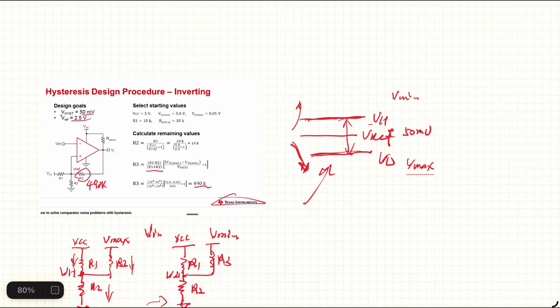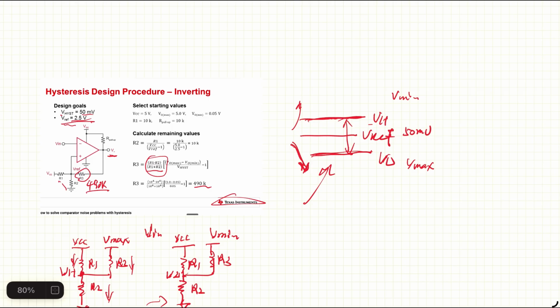Okay, and R1, R2 sets the central reference voltage, and the feedback loop works with the parallel resistance of R1, R2, and works like positive feedback, and gives you this hysteresis. And the value will change if the output is either high or low, because the output flips state. That's the magic, because the output also flips the state.